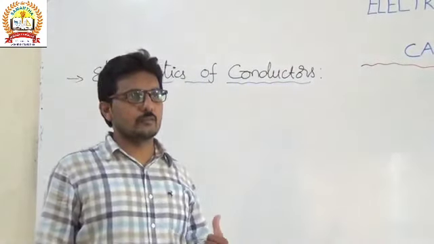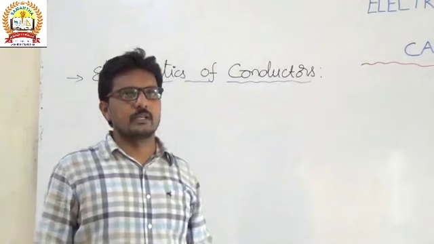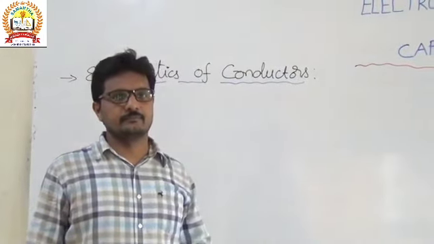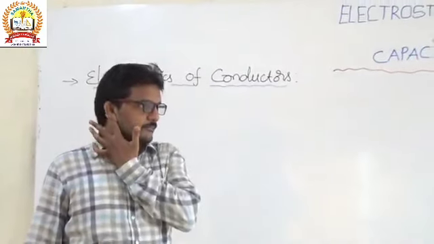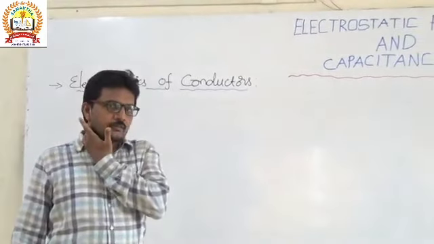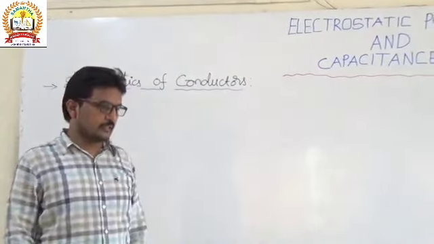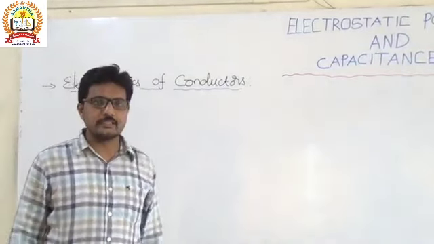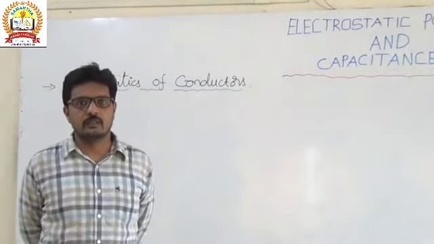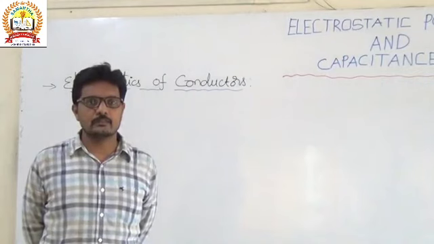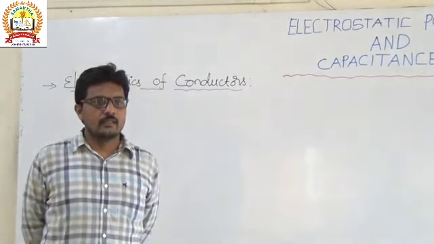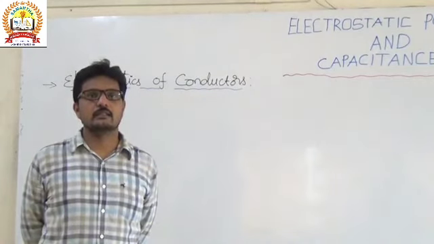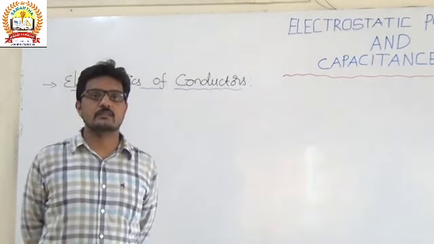Before starting the class, we should know about the Van de Graaff generator. The Van de Graaff generator was actually deleted from the theory part of the syllabus, but we are going to discuss it because it helps to understand the electrostatics of conductors.